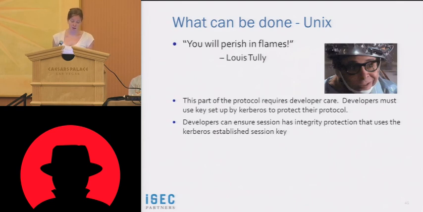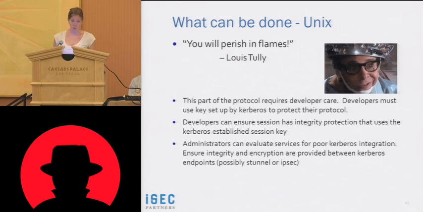This is why the attack is possible, because preventing it requires developer care. So what we can do is developers should be careful to integrate the session key into the integrity protection for the protocol. Administrators should look at their Kerberos deployment and check the services to make sure that the integrity protection is integrated with authentication.